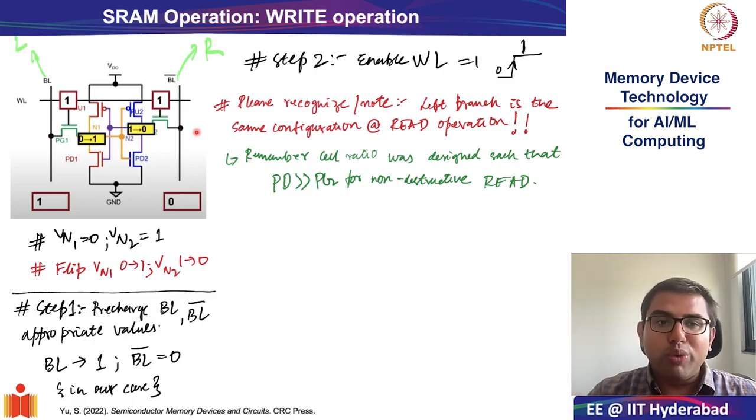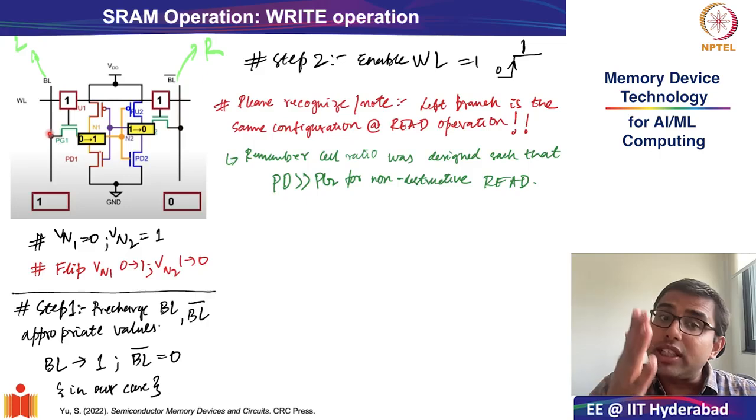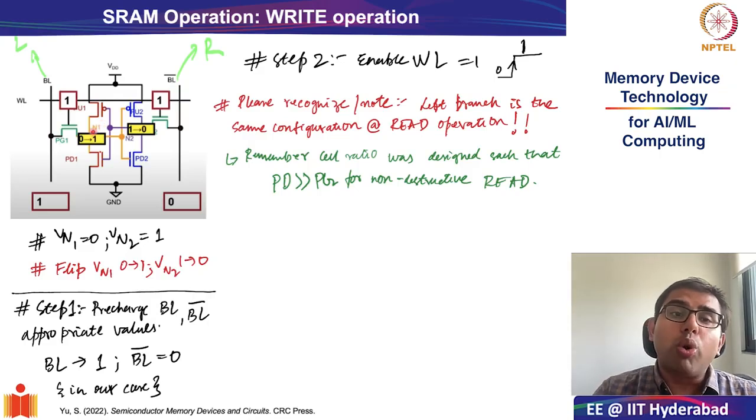And if you do that, you will realize that the left hand side, which I am indicating from the laser pointer, has a biasing scheme and node voltages exactly identical to the read operation. So the left hand side is very identical to the read operation, where the bit line is precharged to 1 and the word line has been asserted, and your internal storage node N1 is 0.